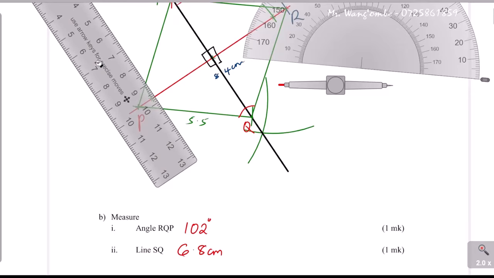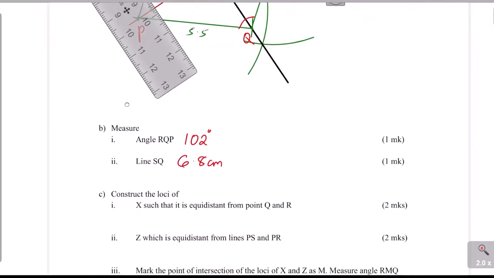So the next one: construct the loci of X, that is part C, such that it is equidistant from point Q and R. So that is the perpendicular bisector.